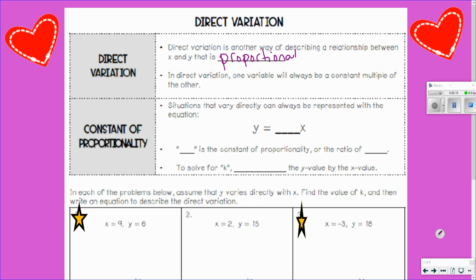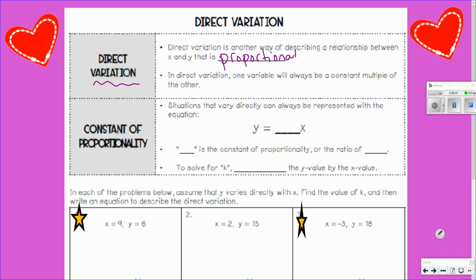If I only put the same 1 scoop in for the 5 pitchers of water, what happens? It's going to be really watered down. Or if I put 5 scoops in for 1 pitcher of water, it's going to be so sweet. Right. The proportion is off. It's not proportional. Okay.